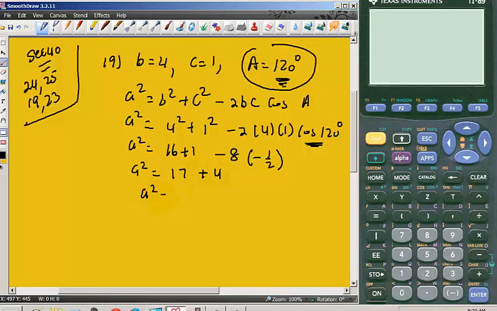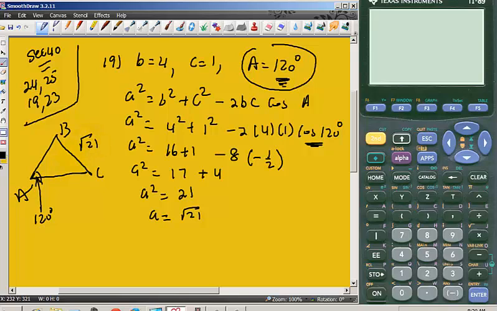So A squared is equal to 21, A is equal to rad 21. So if I have A, B, C, that's 120 degrees, and this is rad 21, and B happens to be 4, and C happens to be 1.